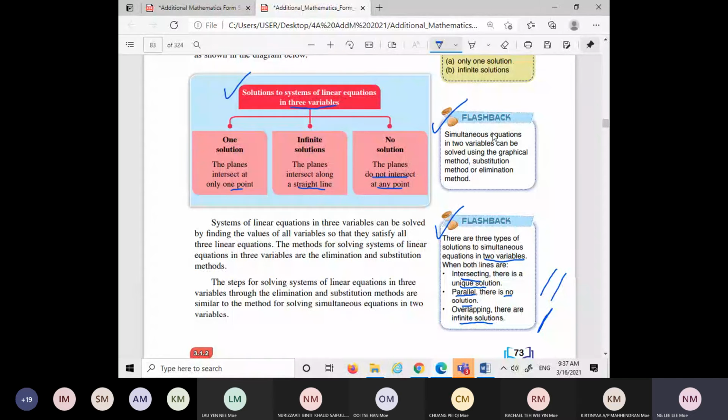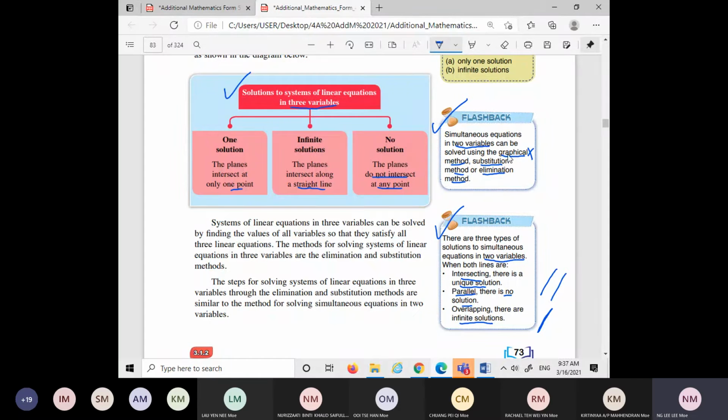Flashback. How about simultaneous equations in two variables? They can be solved using the graphical method like just now, and then you remember the substitution method and the elimination method. So altogether three methods, but usually we will not use the graph method, because you need to sketch the graph and it is not easy.